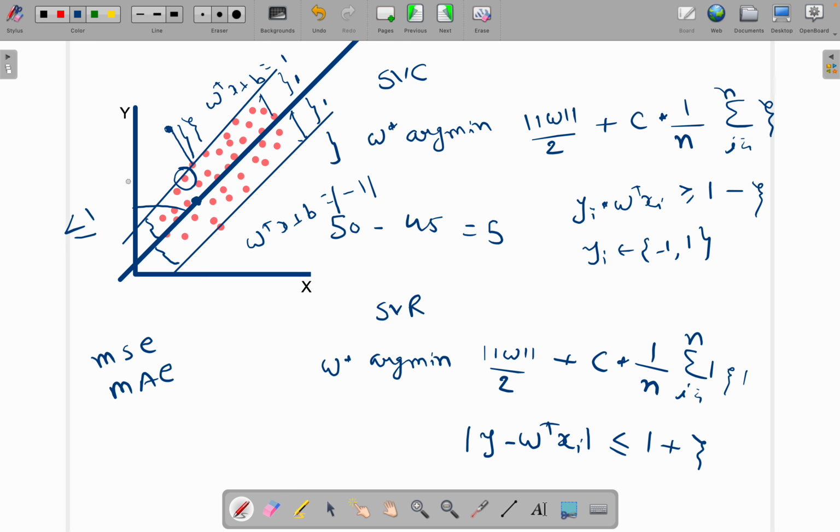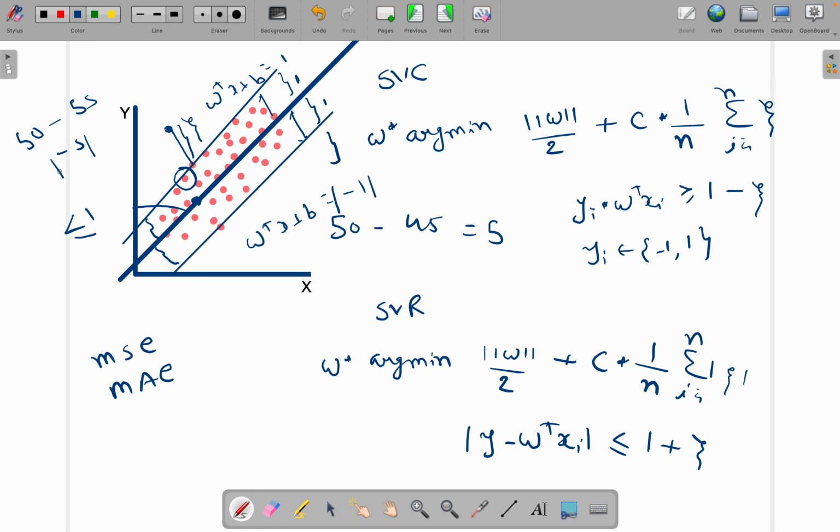So what we are saying is we need to minimize this function, where we are considering eta because, let's say, my actual value is 50 and I am predicting 55, then it would be -5. But we are just calculating the distance, or the MAE here, I would say, so it would be positive.